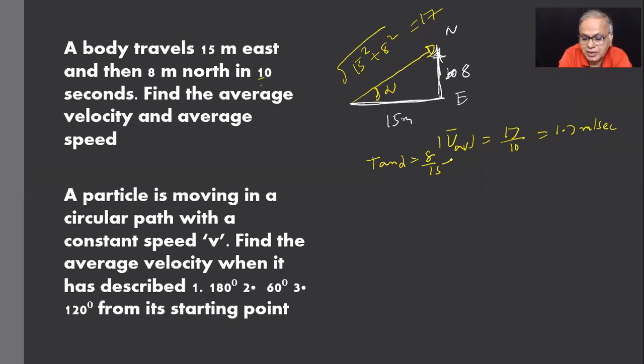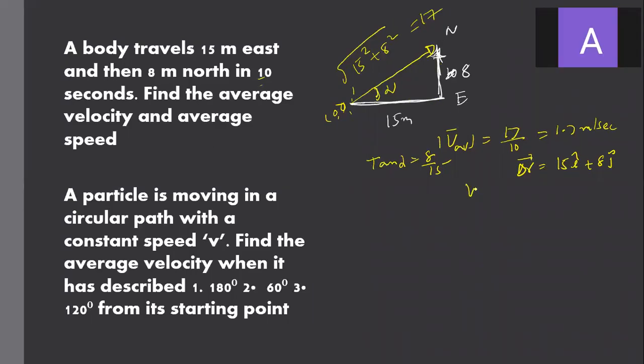So if I have 0 here, the displacement vector, you can call it delta R or whatever you want, will be 15 i cap plus 8 j cap. Yes, it's a plus.